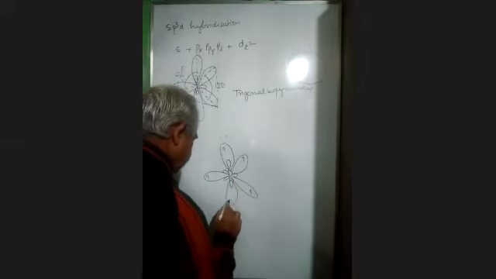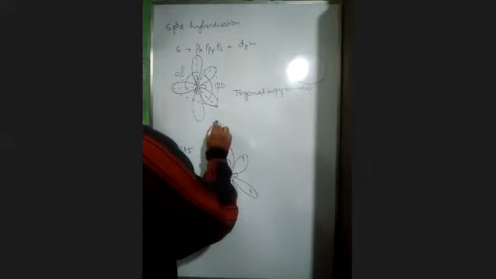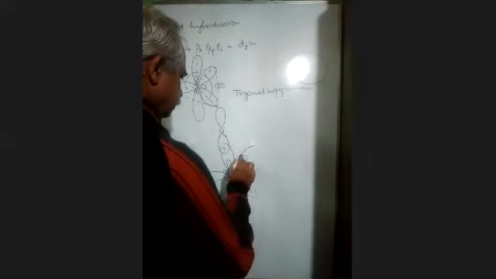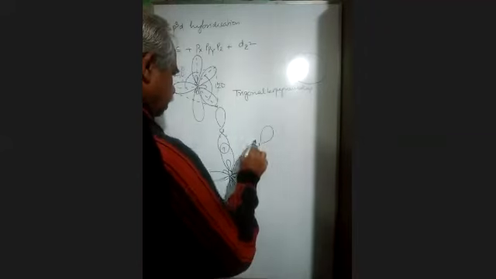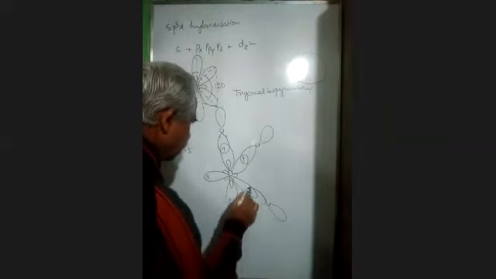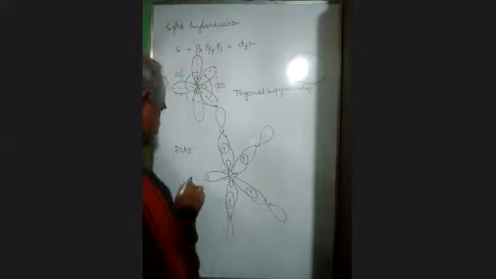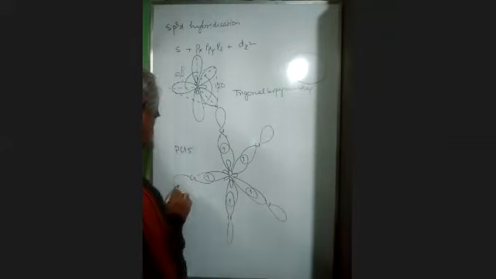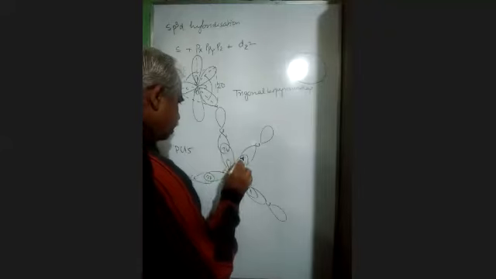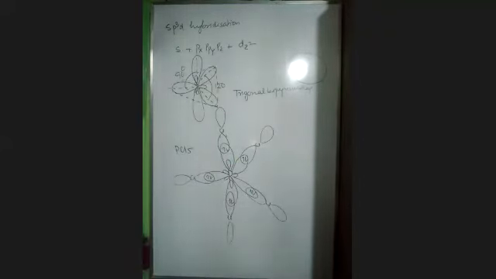Okay. Now, chlorine is going to bind through p orbital. Cl. What is the hybridization here? Here it is sp3d.